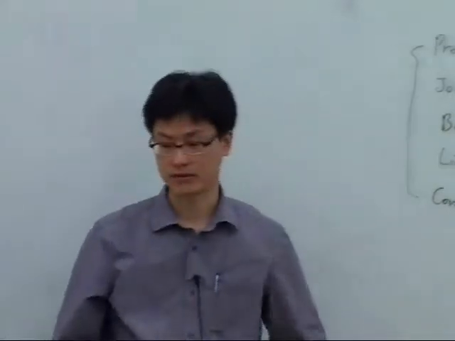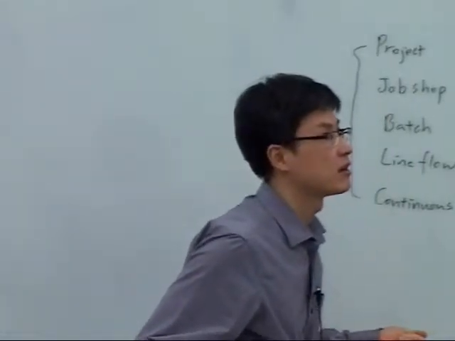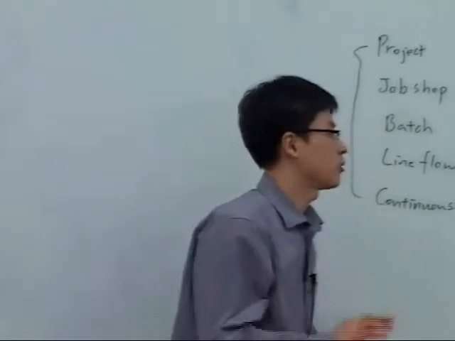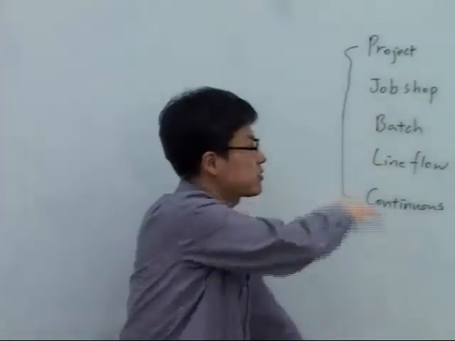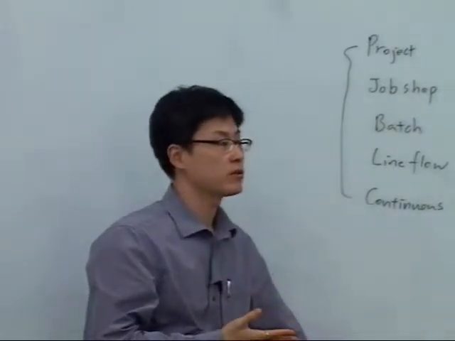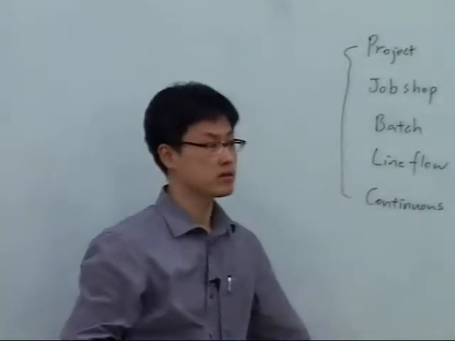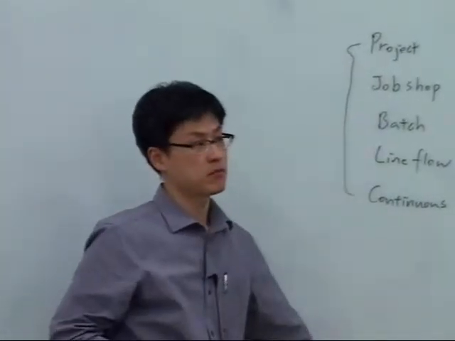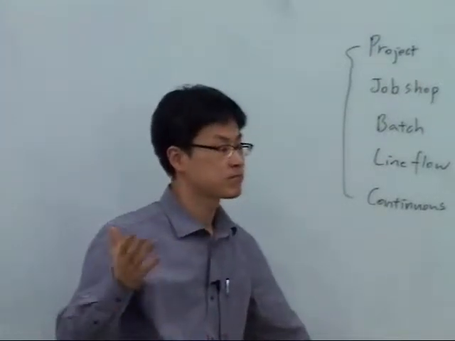So, I asked what is the difference between all these. No, what I'm asking is, there is this spectrum of different processes, and people choose one process out of this spectrum to produce their own product, right?